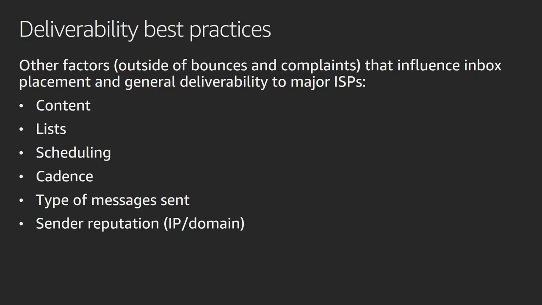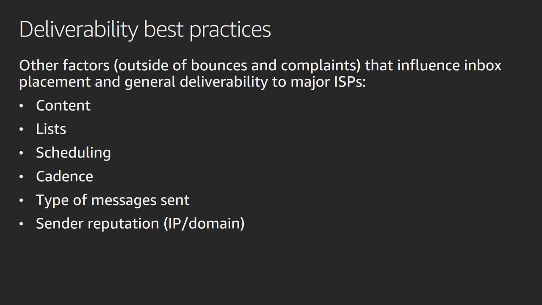And across all ISPs and most recipient mail servers, there are deliverability best practices, and those factors are not including things like bounces and complaints. We're talking about things that influence inbox placement and delivery beyond just bounces and complaints. They do have a major impact on deliverability and also your reputation, but some marketers don't necessarily consider them as much as bounces and complaints.